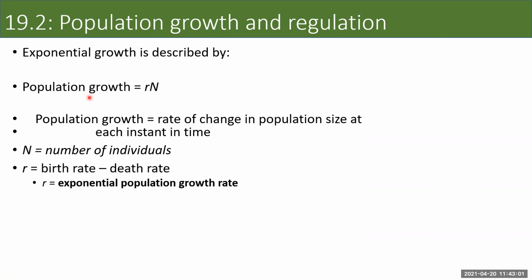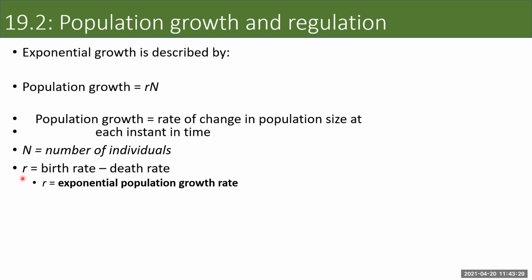The way you calculate your exponential population growth rate is by subtracting the death rate from your birth rate. So if you have 100 individuals born every year and 80 individuals die, then your population has a growth rate of 20. So your population growth rate is increasing.